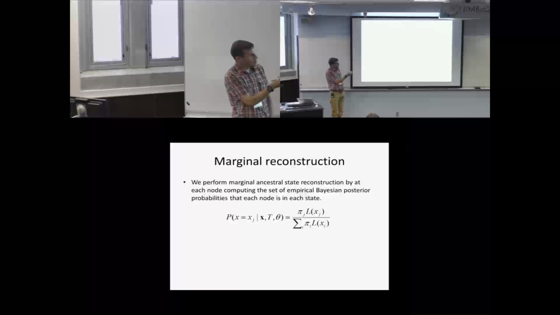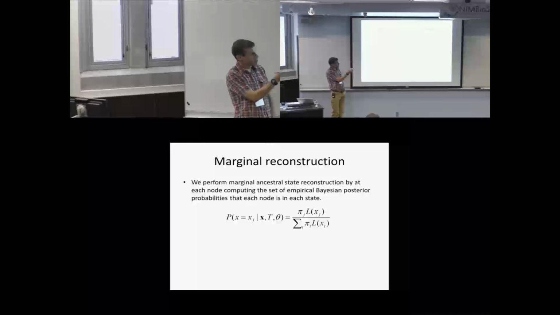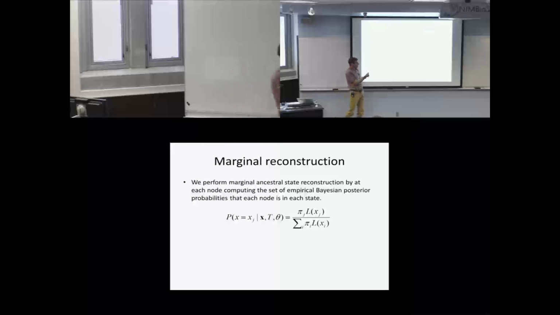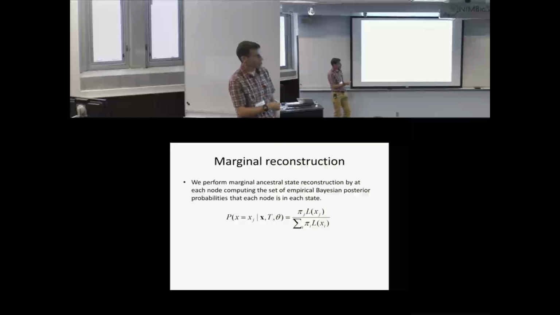And then this is just the likelihood that that particular node is in that state multiplied by the prior probability that that particular node is in that state, and it's scaled by the sum of the prior for each state times the likelihood for each state.